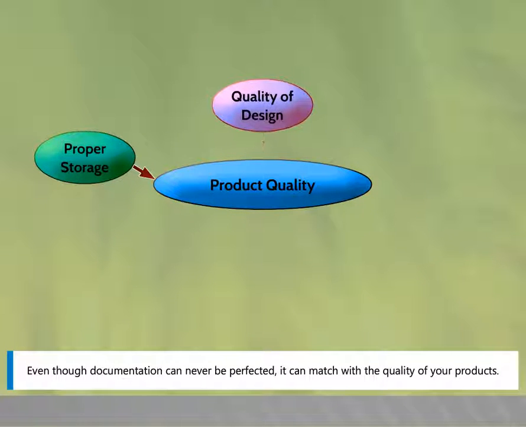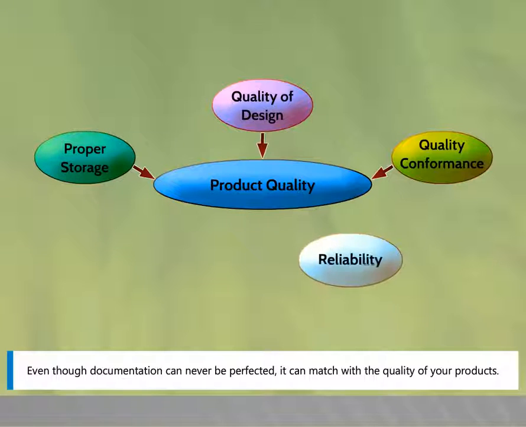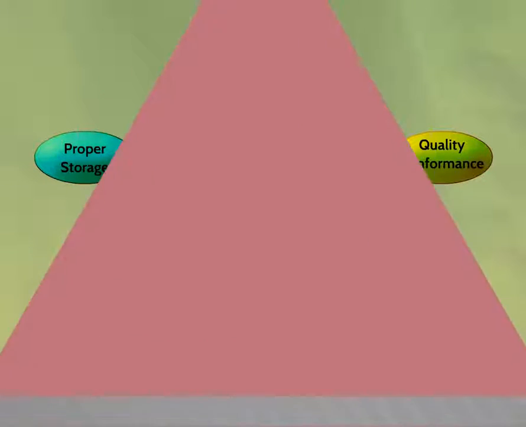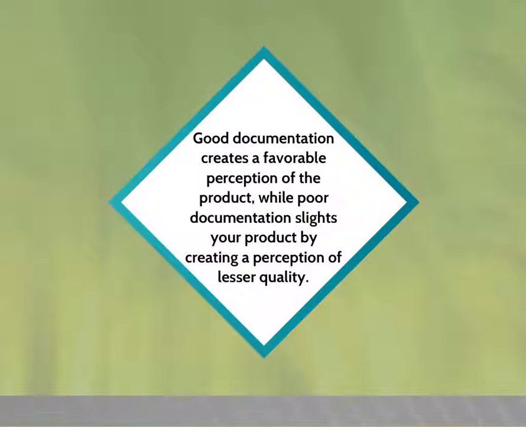Even though documentation can never be perfected, it can match with the quality of your products. Good documentation creates a favorable perception of the product, while poor documentation slights your product by creating a perception of lesser quality.